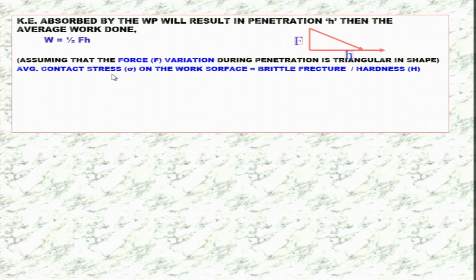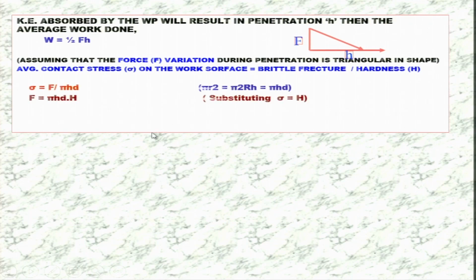So the average contact stress sigma on the work surface will be the brittle fracture strength or the hardness of the workpiece, because when material is removed, this stress should be equal to or greater than the strength of the workpiece; only then will it be able to remove the material. So sigma is equal to F divided by pi h d, where d is the diameter and h is the depth of penetration, so this forms the area and this is the force, so you get the stress.